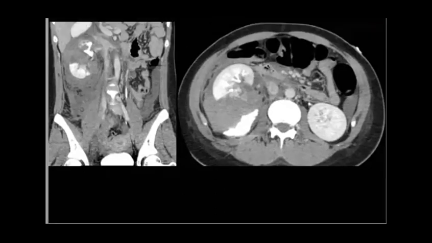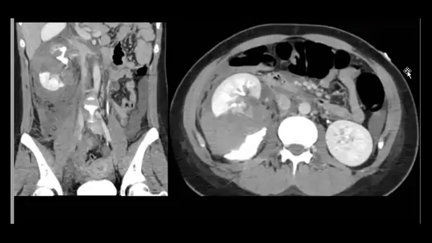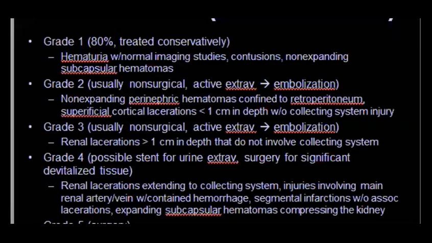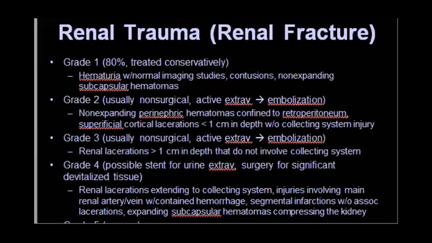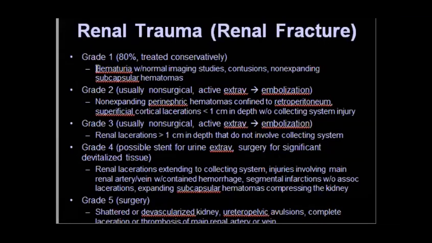You expect to ask the patient or to see in the history of this patient renal trauma, renal fractures. Then the question in the textbook is about the grades of renal fracture. Yes, grade 1, grade 2, grade 3, 4, and 5.